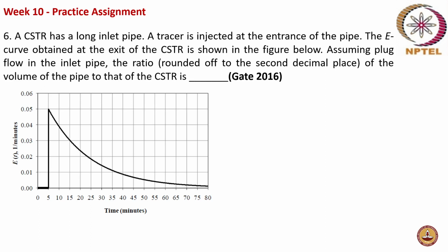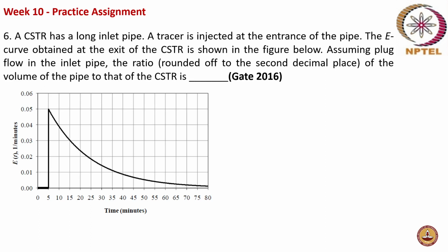So what have they given? They have given a CSTR which also has a long inlet pipe, and a particular tracer is injected at the entrance of this inlet pipe. They have given the exit age distribution curve for this CSTR with a long inlet pipe, and additional information that the flow in the inlet pipe is a plug flow.